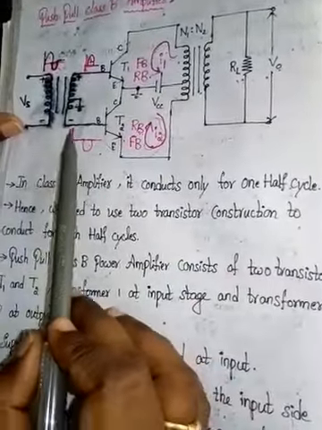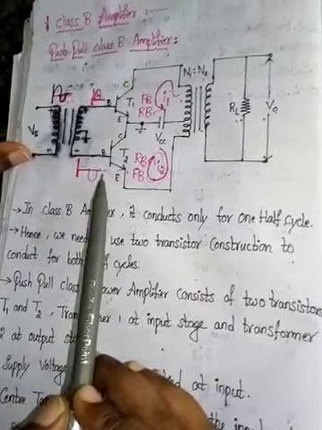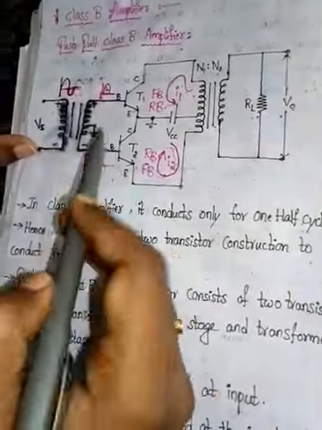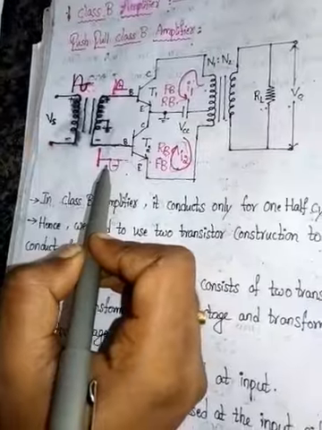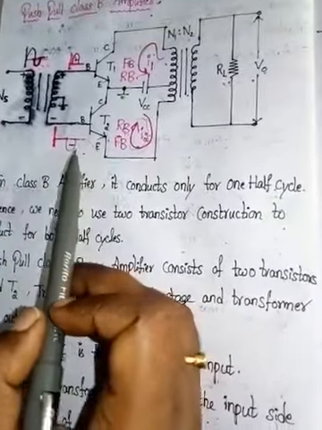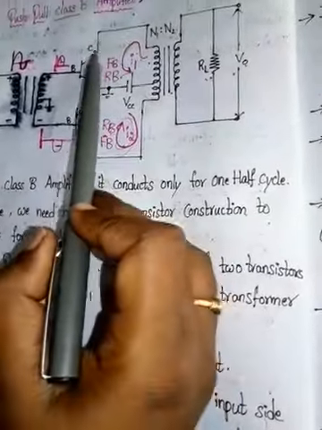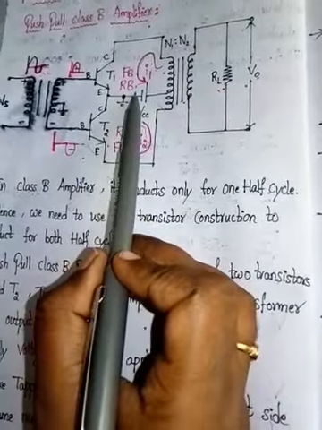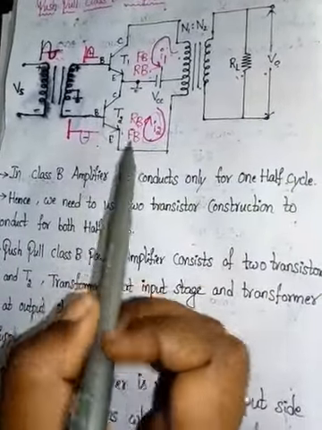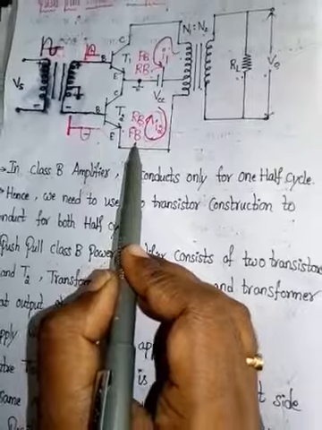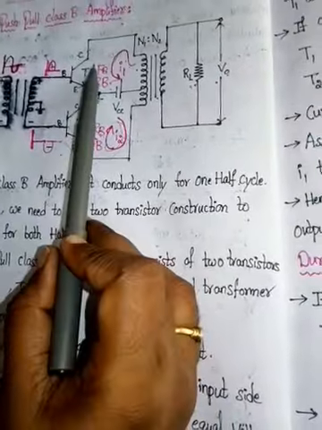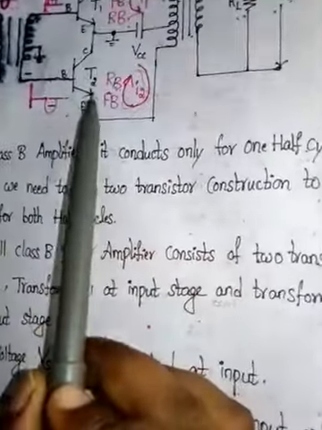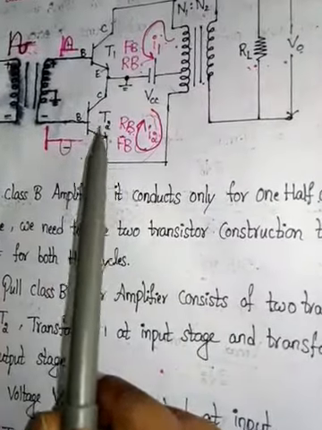Next, coming to the negative half cycle. During the negative half cycle, the transistor T1 will become reverse biased and the transistor T2 will become forward biased. That means the transistor T1 will be in off state and the transistor T2 will be in on state.